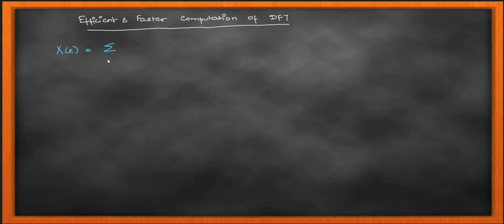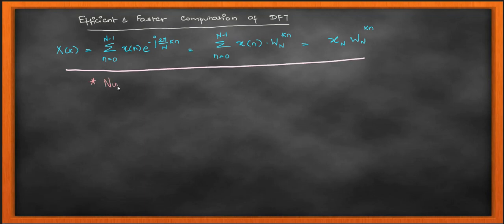So, why is this required? In order to understand this, let's look at the number of multiplications and additions required in your normal computation. For a normal DFT, as I have shown you in my previous video, a 4-point signal requires 16 multiplications and 12 additions.